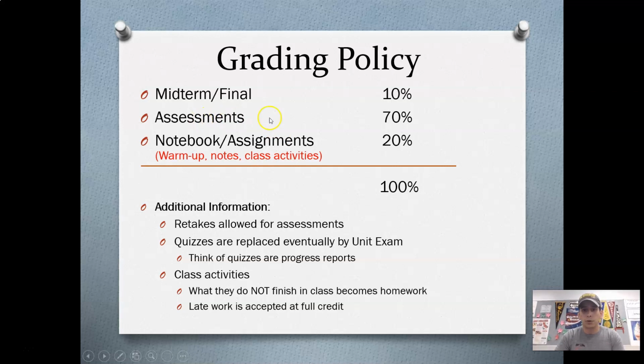Because that category for assessments is worth a lot, 70%, we're trying to make sure that our grades reflect the students' knowledge. We want to make sure that the students show mastery because it is such high stakes. We do allow retakes on assessments, on quizzes and on tests, as many times as they need to.